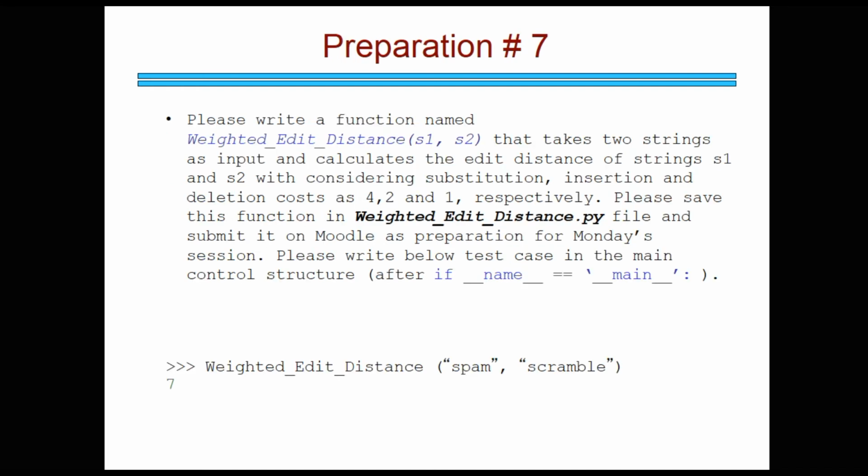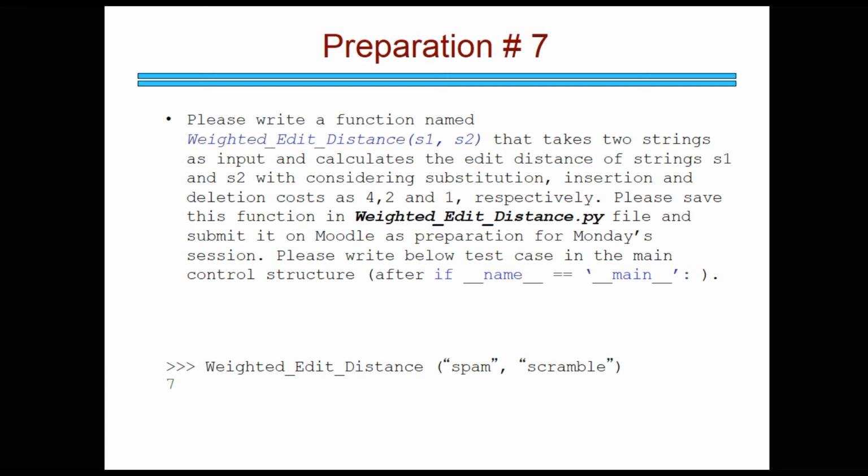For the preparation of Monday's session, I want you to take a look at the edit distance code and change it by considering different costs for substitution, insertion, and deletion. In our code, we are considering that all of these three options have the same cost, which is 1.